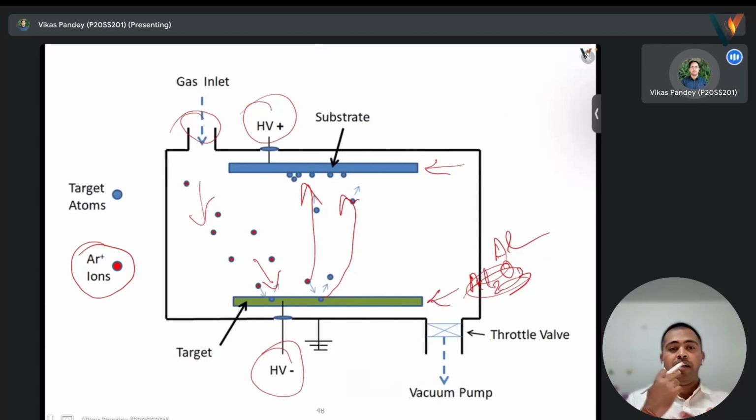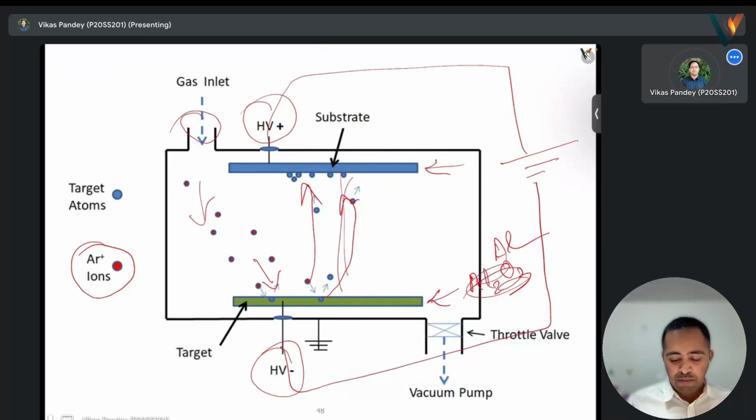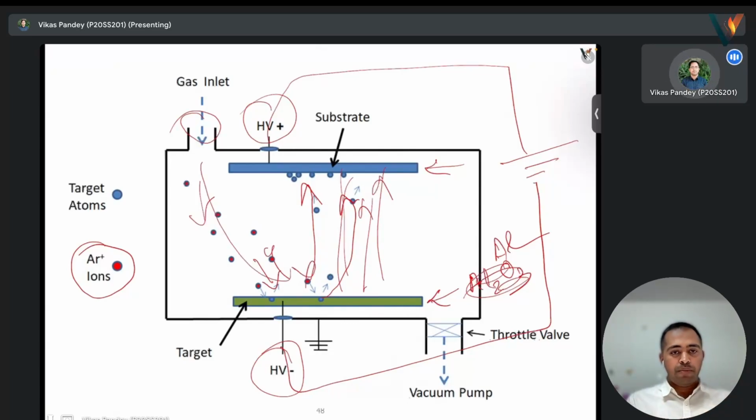They will leave the electron there. So if it is connected to a power source, the circuit is completed by the plasma being generated. In a sense, the deposition occurs with the help of argon, and argon is not used up.